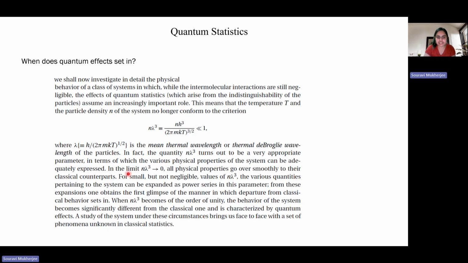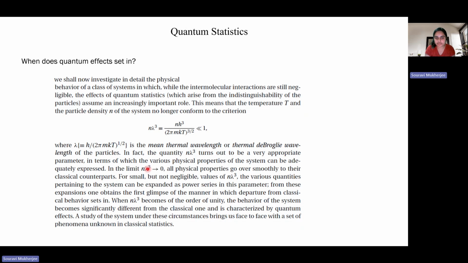So in the limit of N lambda cube tending towards 0, all physical properties go over to their classical counterparts. So this is your high temperature, or low number density, limit.